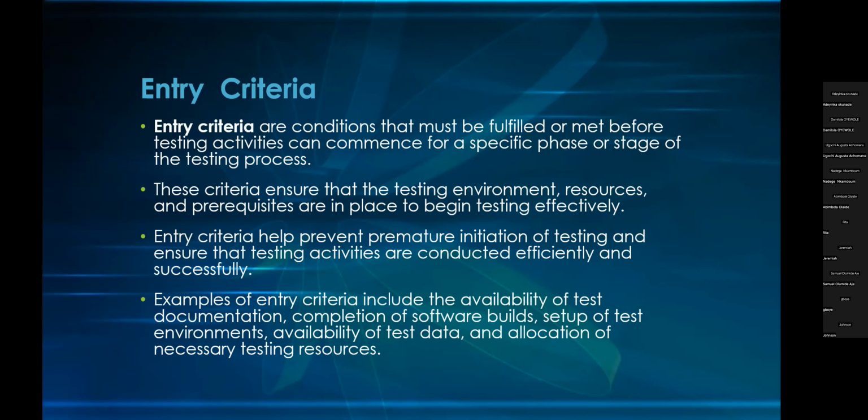So you will have that in place, and then the integration testing phase should be successfully completed, ensuring that individual software components have been integrated and function together as expected. You should also have availability of the test environment. You should also have the completeness of a stable software build.